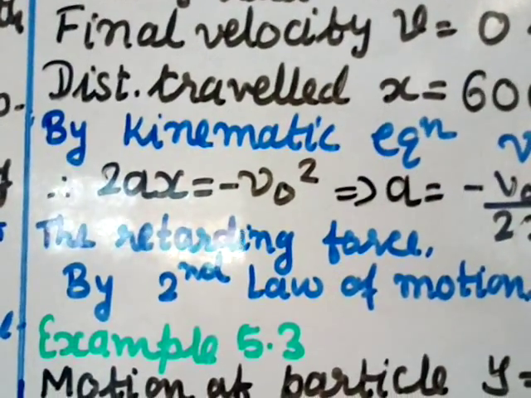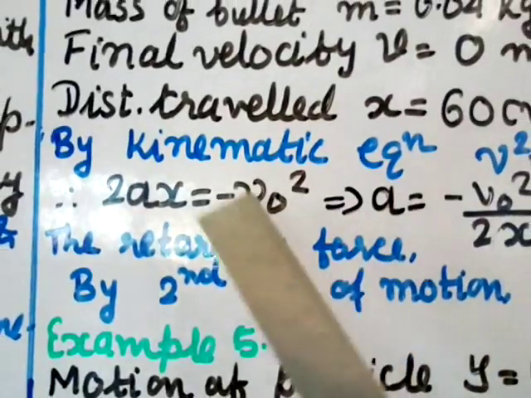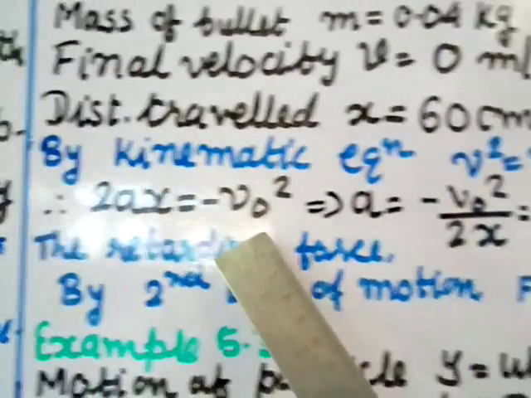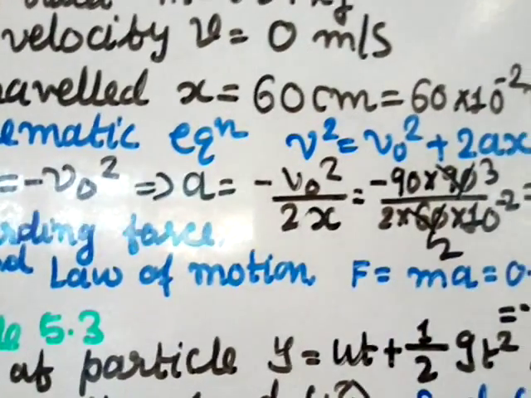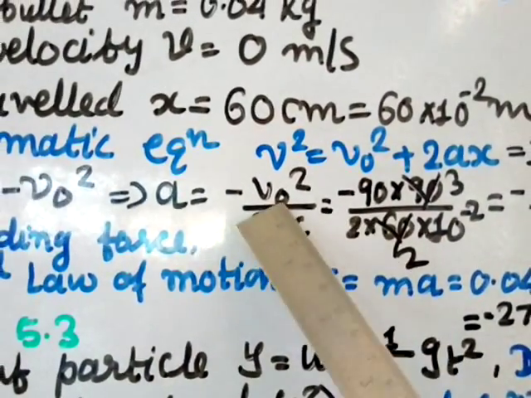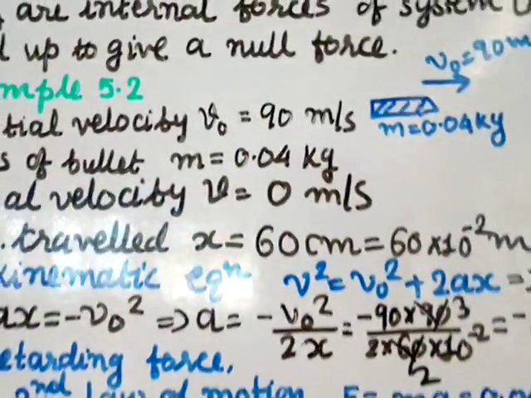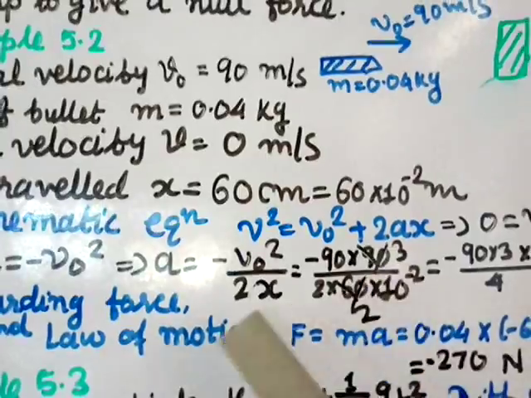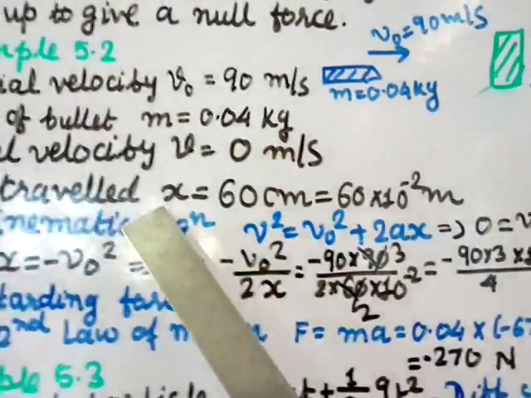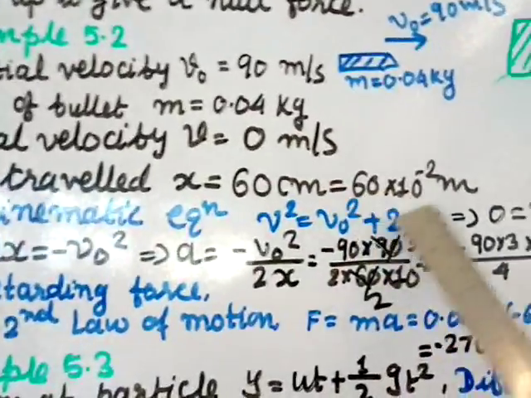Take a as the subject, so a equals minus v naught square by 2x, right? Now let us place the values. Minus as it is, v naught is given as 90 meters per second, so 90 into 90, and 2 as it is, and x is the distance traveled, that is 60 into 10 power minus 2.